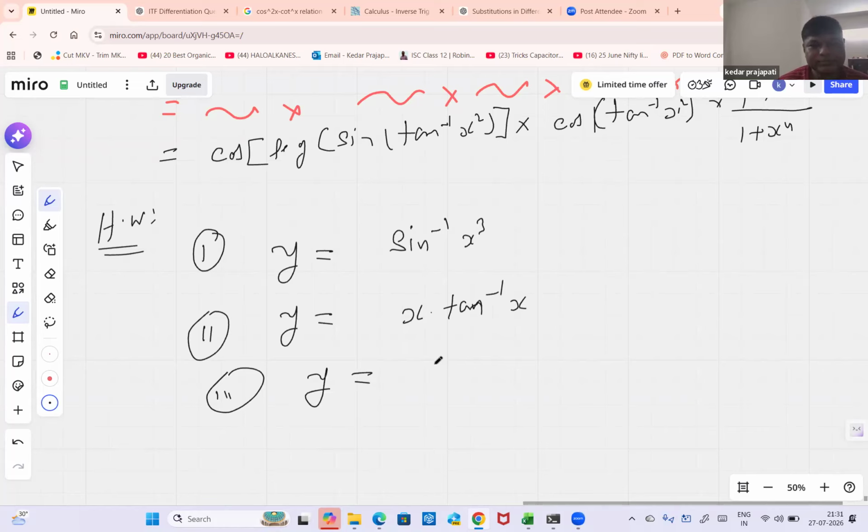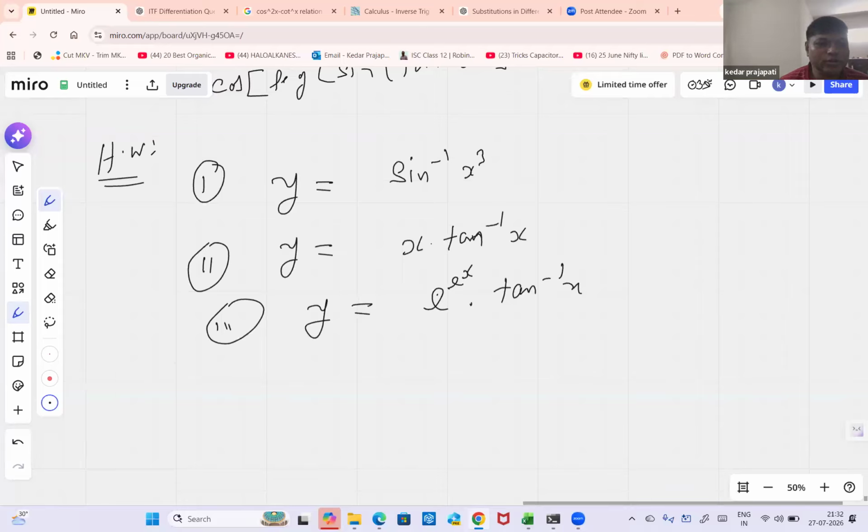y equal to e to power x into tan inverse x. You can solve and send it to me in WhatsApp, or we can discuss. No need to solve now. Into cos inverse x.